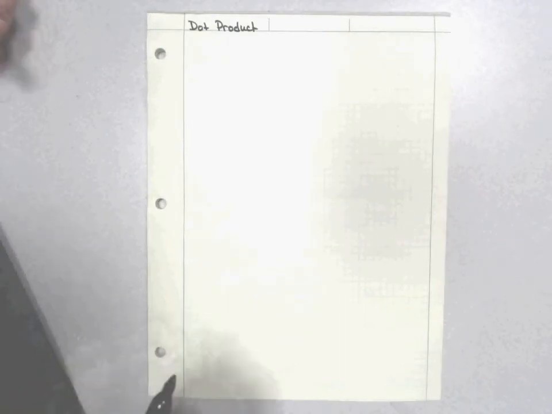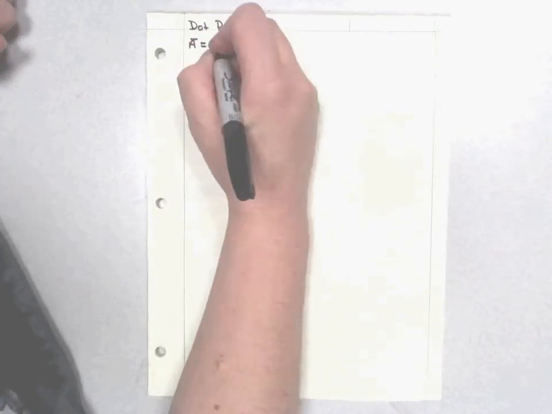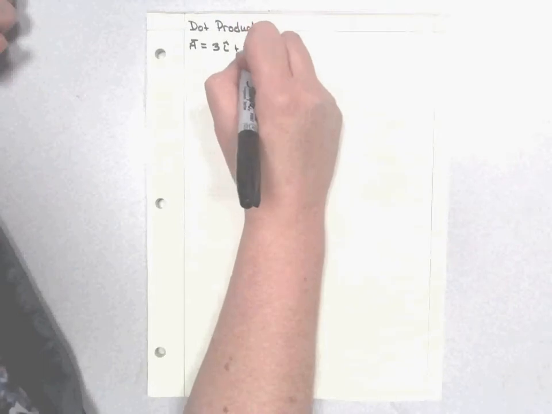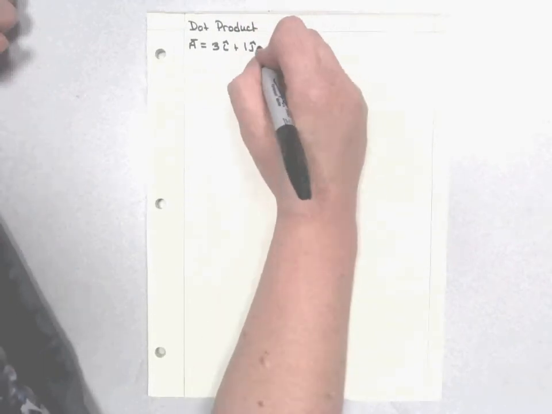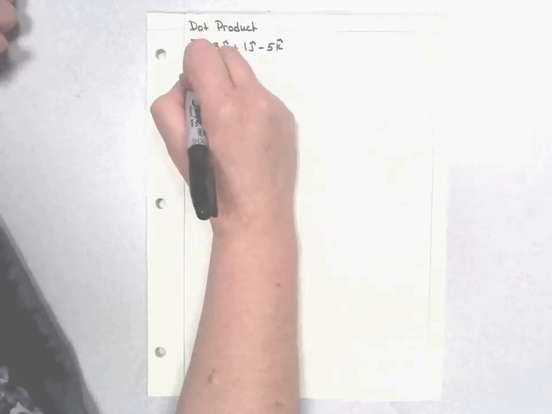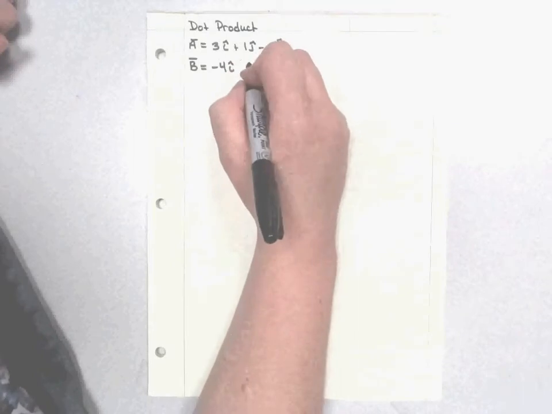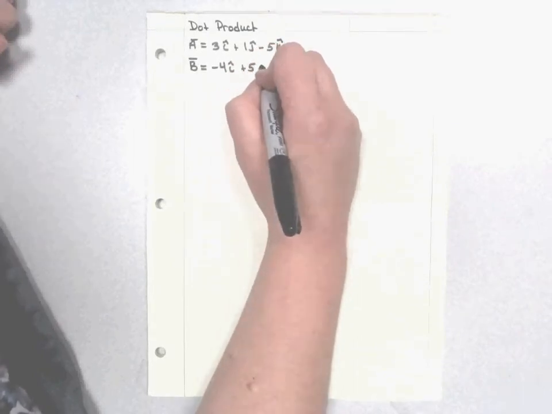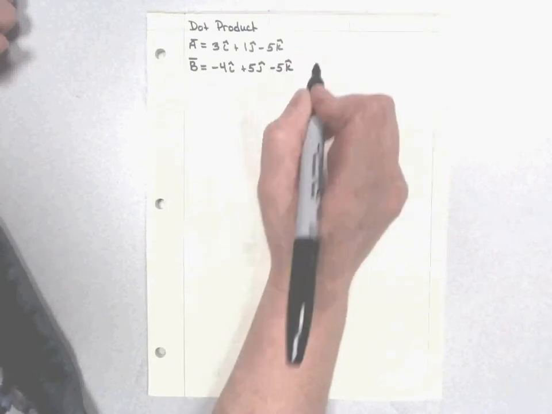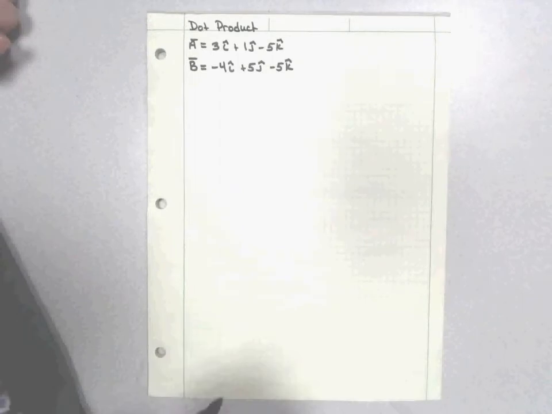So if I had this vector A and this vector B, and I wanted to know the angles between them, I could use the dot product to find that out.